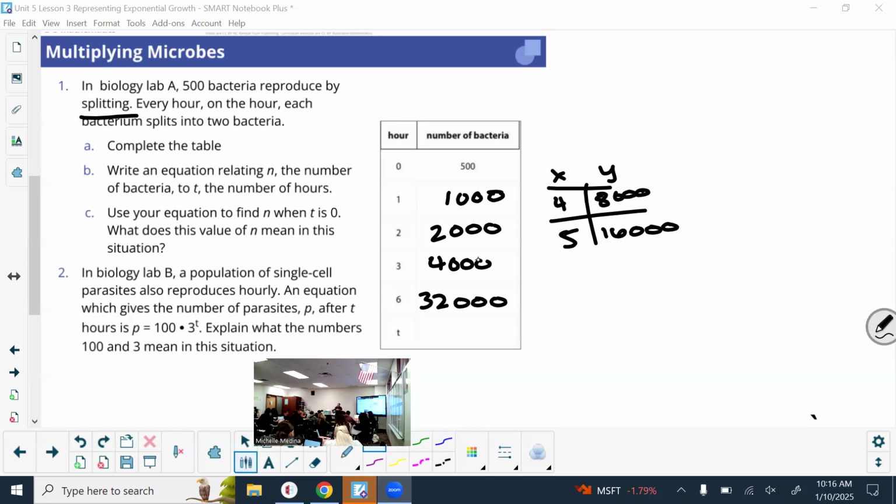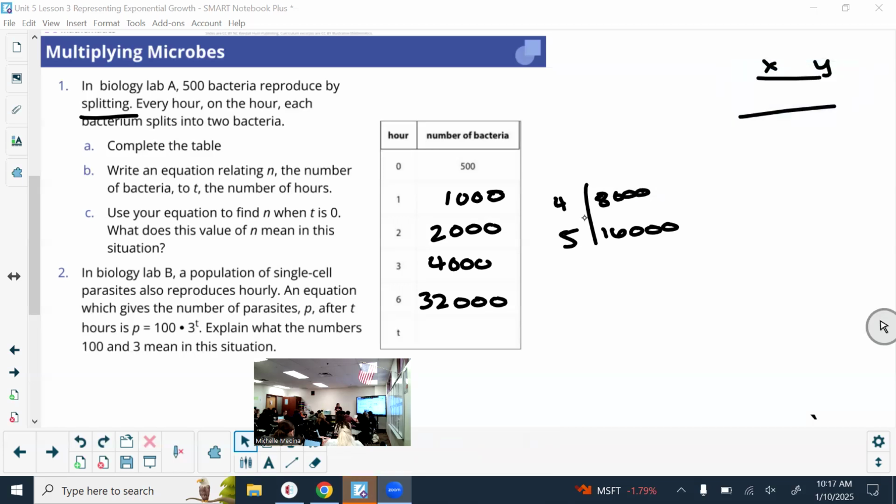When we are making that, think about the math that we're doing to get every single one of those answers. Let me move this to the side so I can show you. All right, but think about the math that you did when you went from 500 to 1,000.